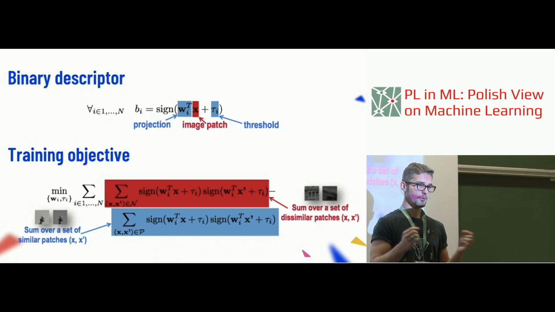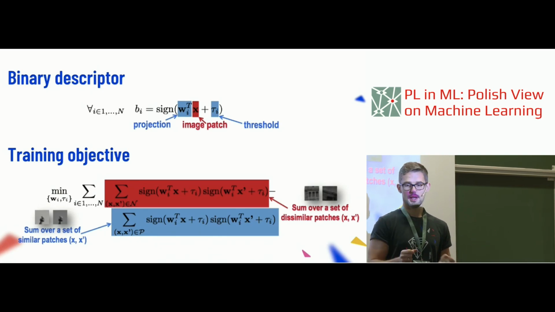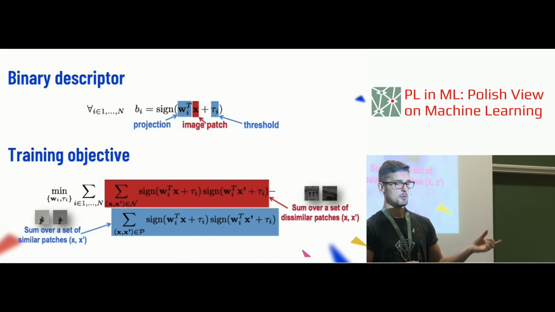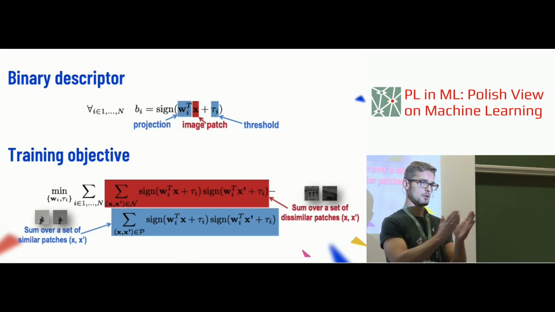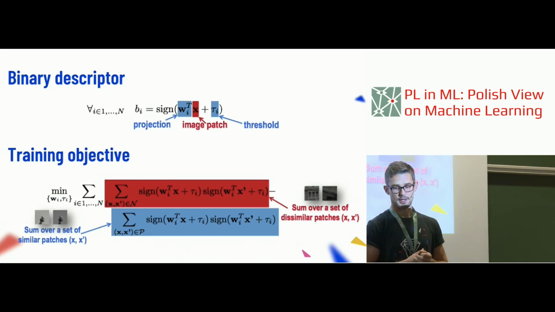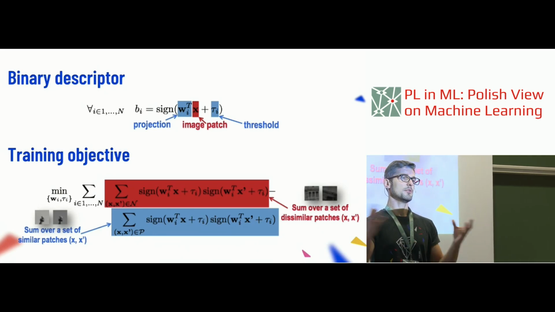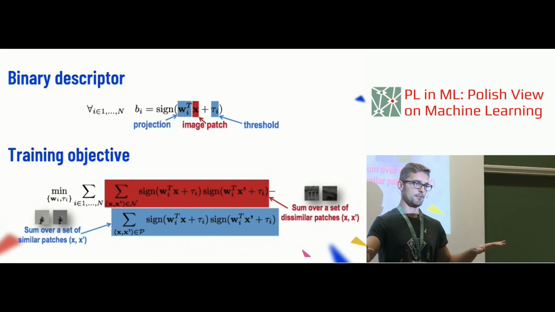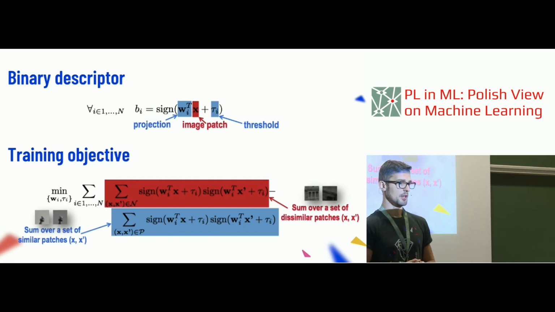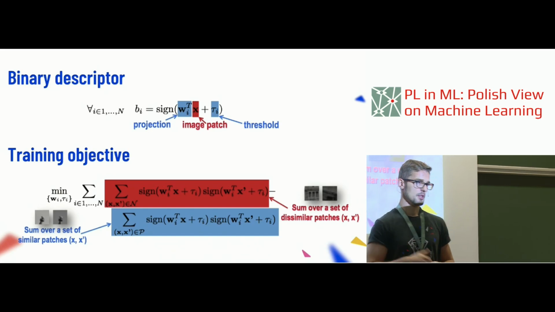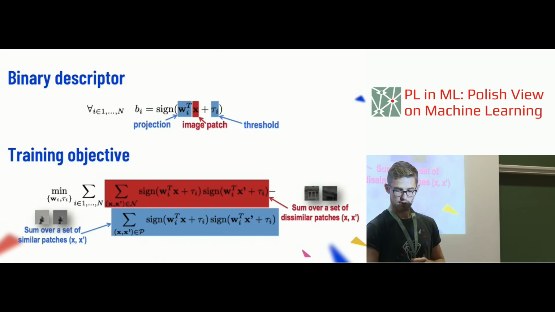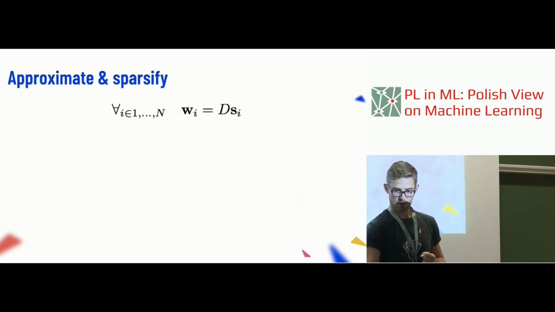One of them, if you're working with pairs of images, is to make the pair of images that describe the same 3D point, or the same point in space, be as close to each other as possible. And the images that describe different 3D key points, push far away in the binary space. This sort of concept will also be used in several other papers that we talk about in this talk. So I hope it's gonna stick.